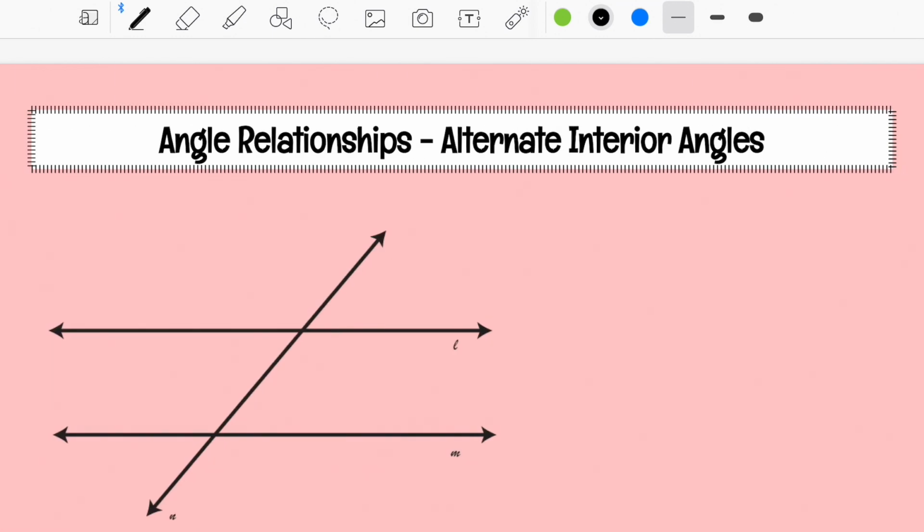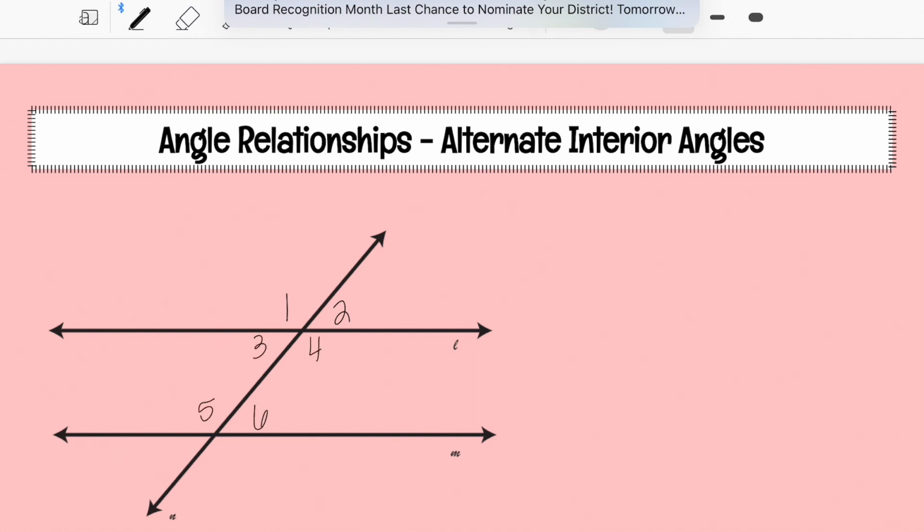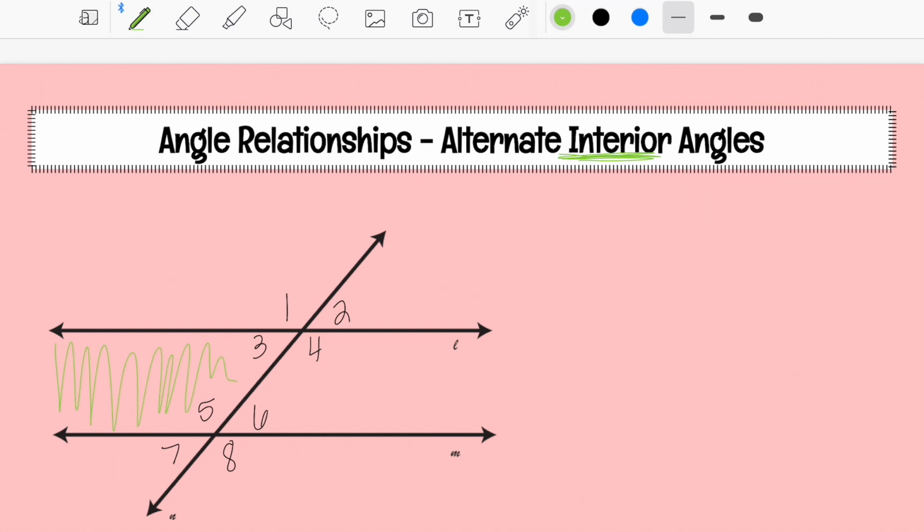All right, our next one, we have alternate interior angles. So again, you guessed it, I want you to draw your 2 parallel lines cut by your transversal and label them 1, 2, 3, 4, 5, 6, 7, and 8. Now, because we are looking exclusively at interior angles, that means it's going to be on the inside of the 2 parallel lines.